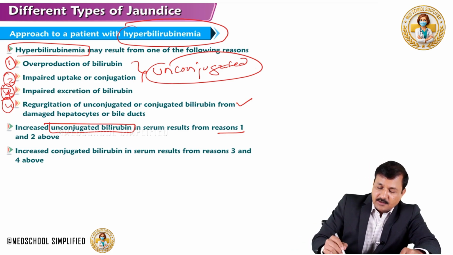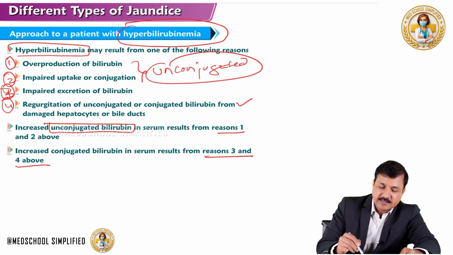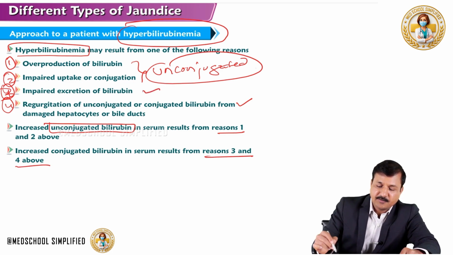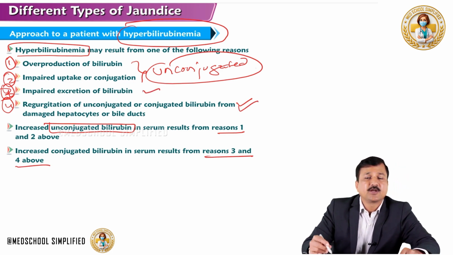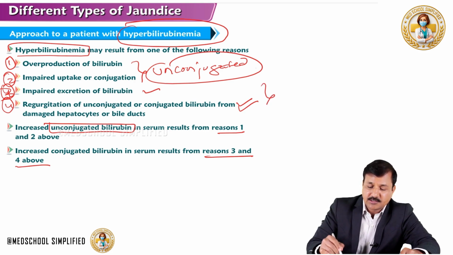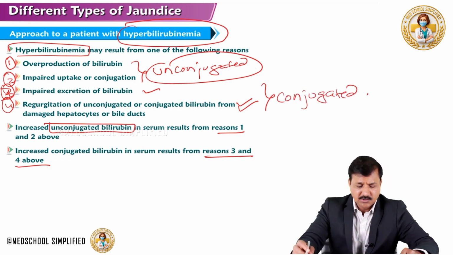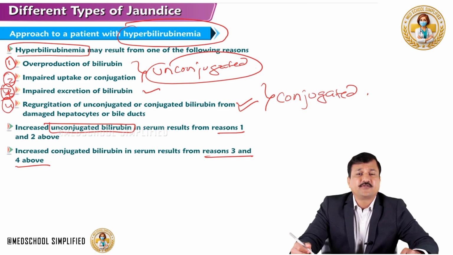Now, if the reasons are number 3 and number 4, that is impaired excretion of bilirubin or regurgitation of bilirubin from the biliary canaliculi or common bile duct, these two causes will lead to an increase in conjugated bilirubin. So, this is how we can differentiate.